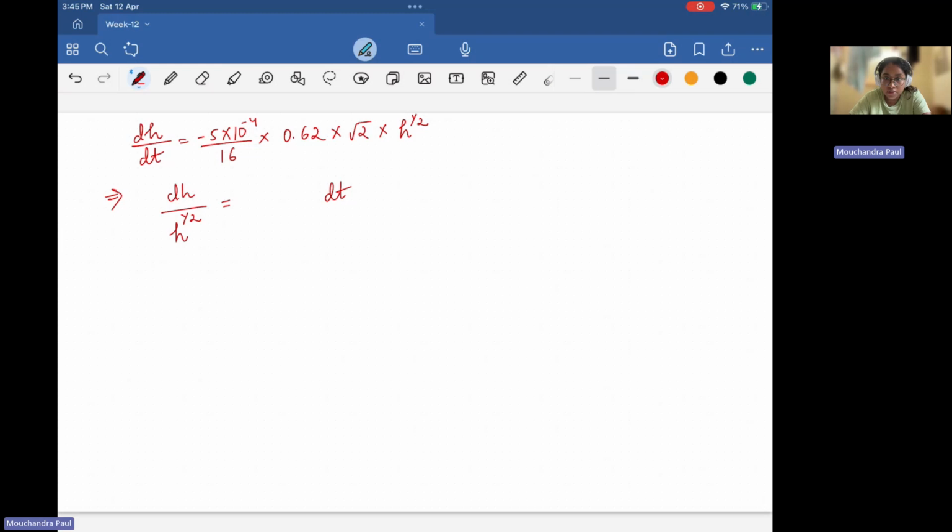Is divided by 16. So we get minus 2.74 raised to the power minus 5.